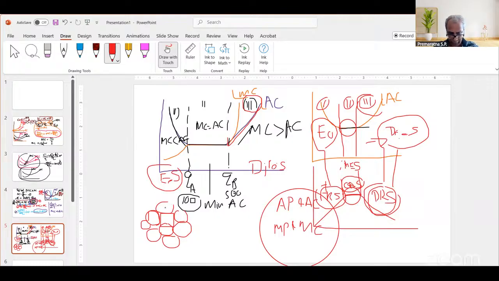There we developed another curve, similar to the average cost curve, called the experience curve. With experience, unit cost continuously reduces. That's what we call internal economies of scale.